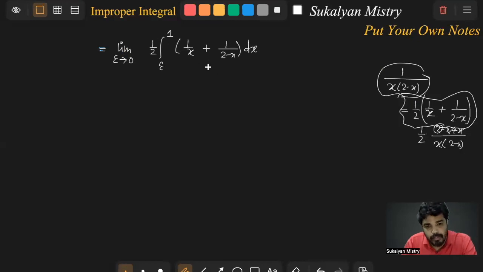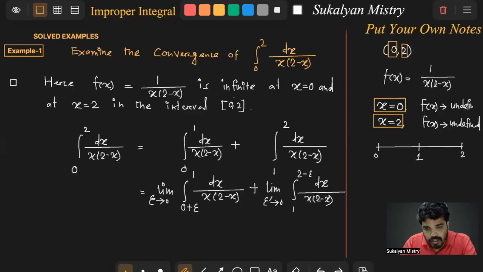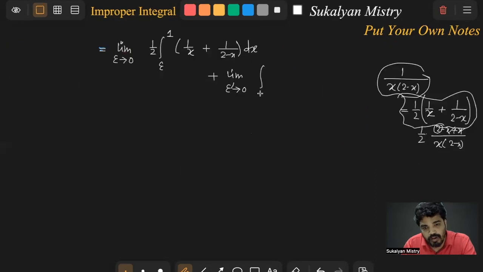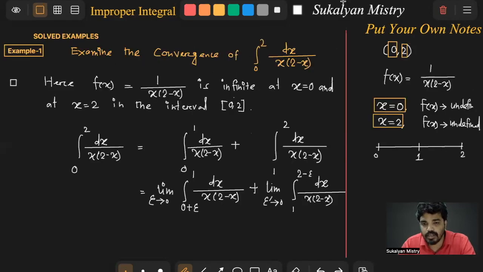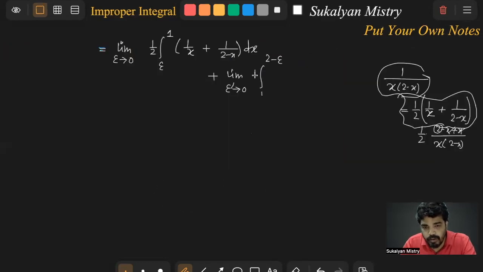Take plus limit epsilon dash tends to 0, integration 1 to 2 minus epsilon, similarly 1 by x into 2 minus x, which can be written as 1 by 2 into 1 by x plus 1 by 2 minus x, okay, into dx.